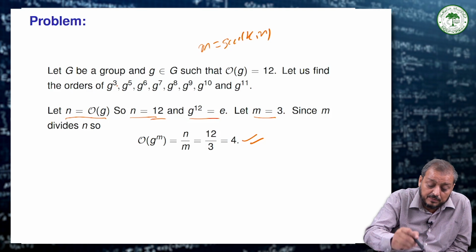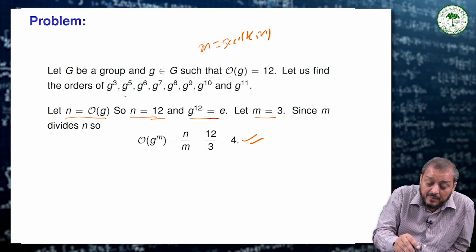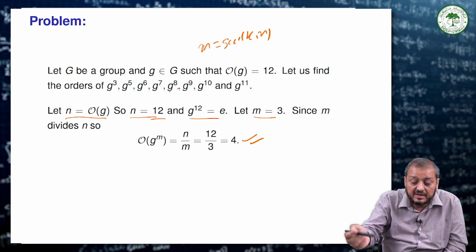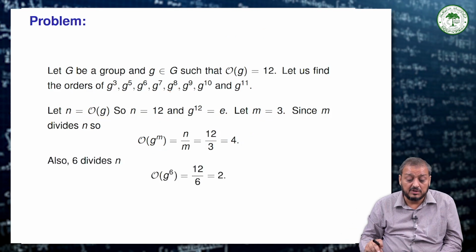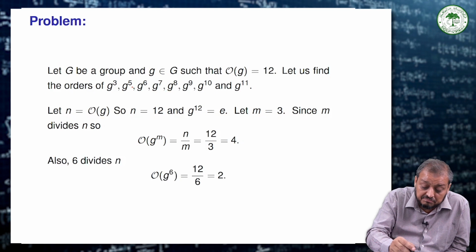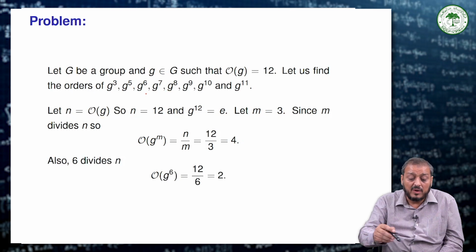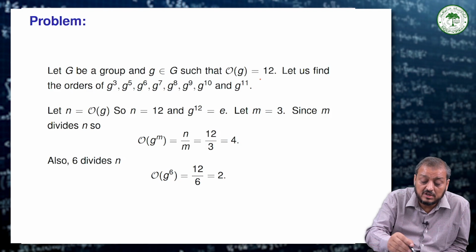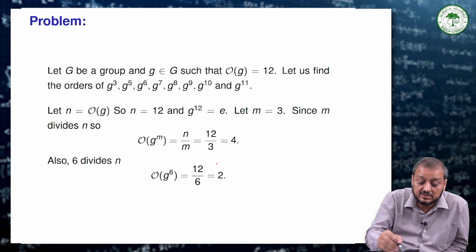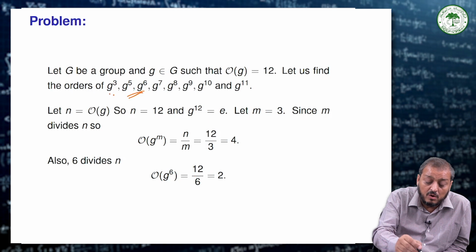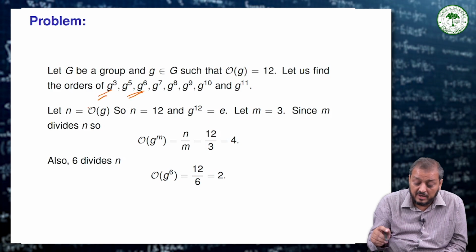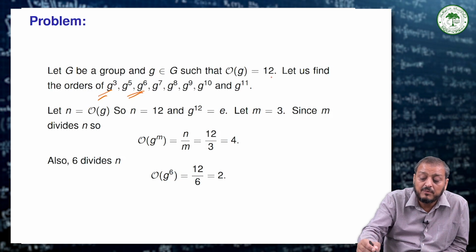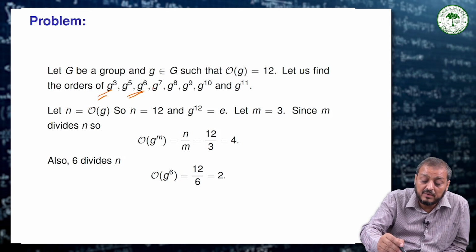Clearly, 5 and 12 are relatively prime, so the order of G to the power 5 is equal to 12. The GCD of 6 and 12 is equal to 6, so the order of G to the power 6 is equal to 2. The order of G cubed is equal to 4, and the order of G to the power 5 is equal to 12. 7 is also relatively prime to 12, so the order of G to the power 7 is the same.